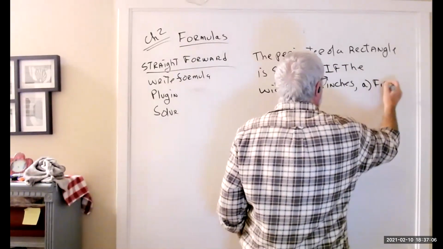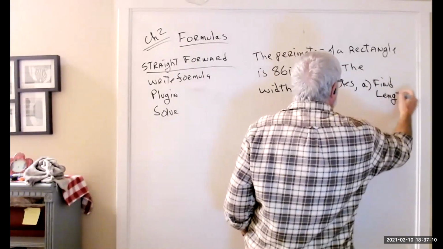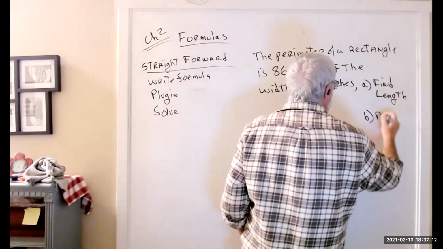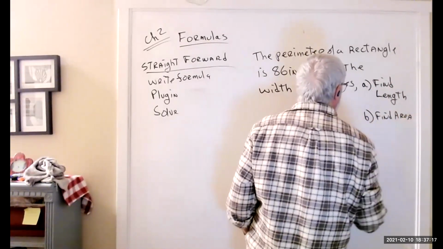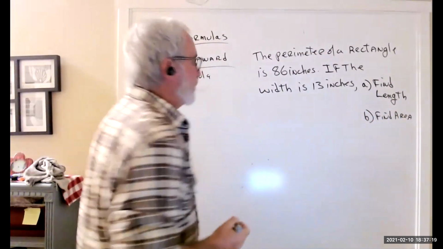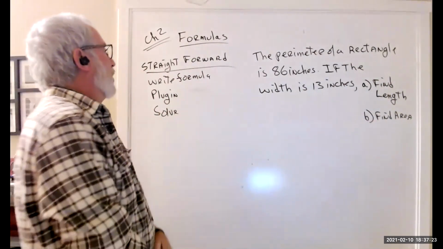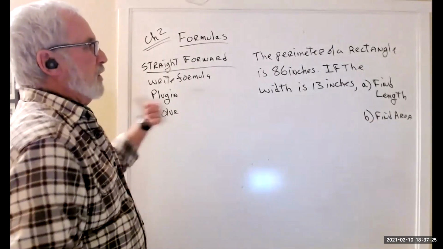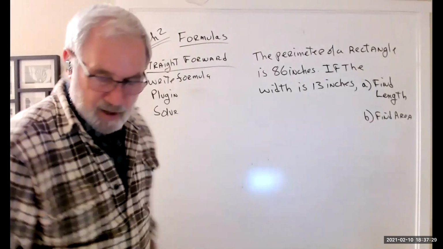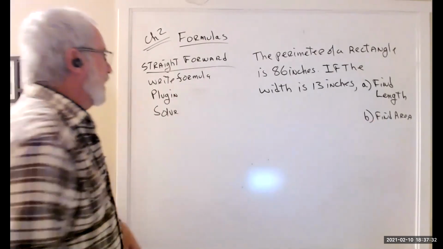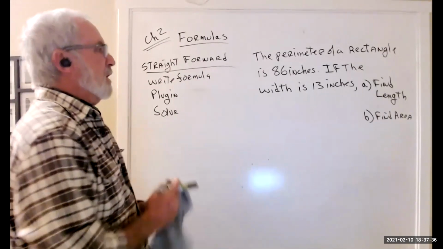A, find the length, and B, find the area. This is an example of what I'm just calling straightforward. The perimeter of a rectangle is 86 inches. If the width is 13 inches, find the length.